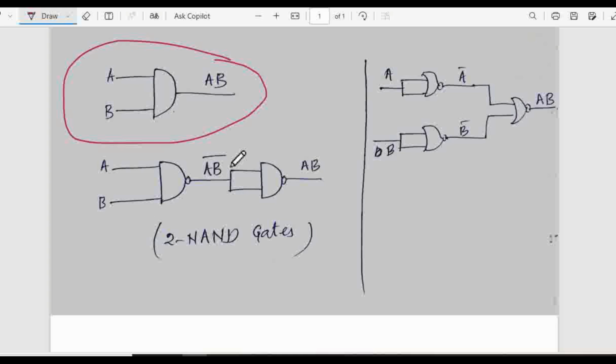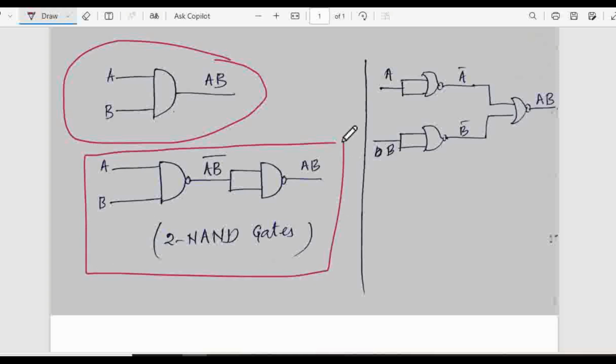But how can you convert this in terms of NAND gates? You can use two NAND gates to construct the AND gate. How? AB connected to a NAND gate will give AB bar. Then you connect this output to another NAND gate, then the complement will be cancelled out. So you will get AB.